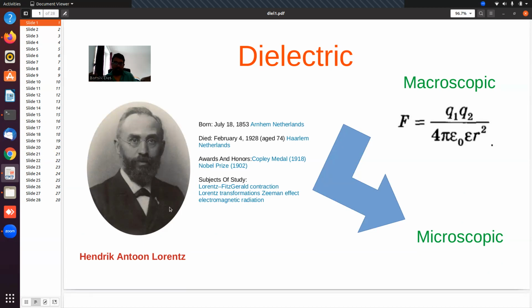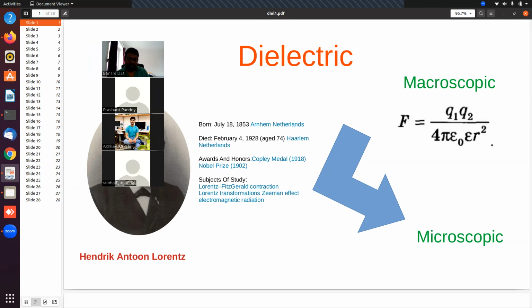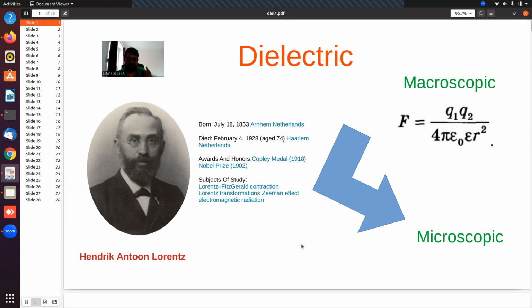Without that, there would be no further progress in this field of chemistry or material science. So we should give respect. Whenever we are studying any dielectric constant or something like that, we should remember the contribution of Lorentz, and we should always have respect for him.